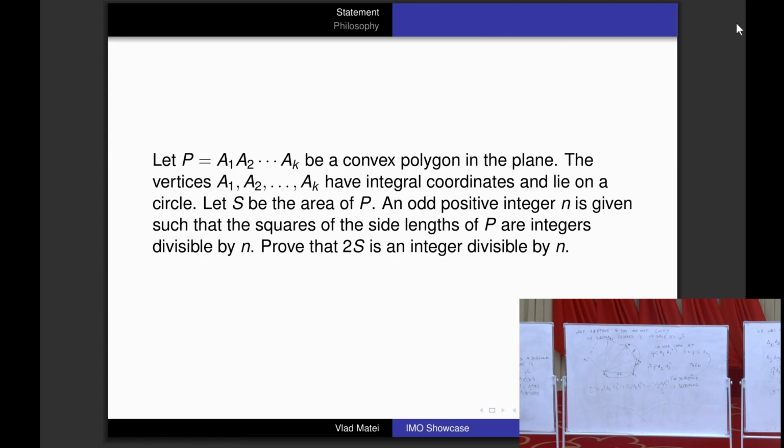I think this idea of looking at the valuations has appeared in a ton of IMO problems recently, especially IMO shortlist and even IMO problems, looking at the valuation, estimating valuations, and these kind of tricky inequalities with valuations.